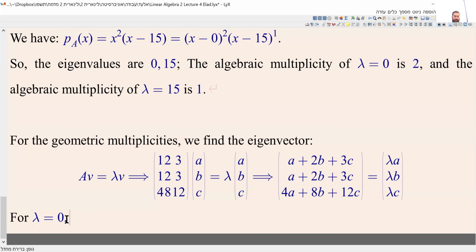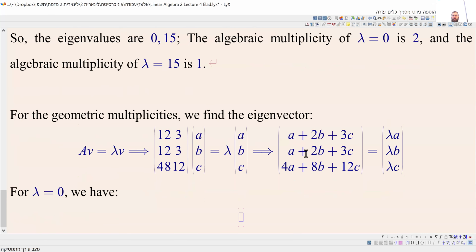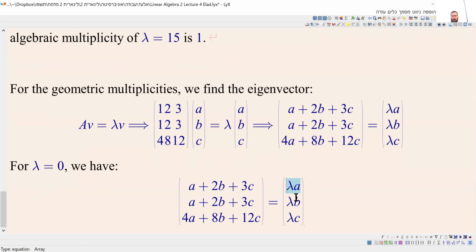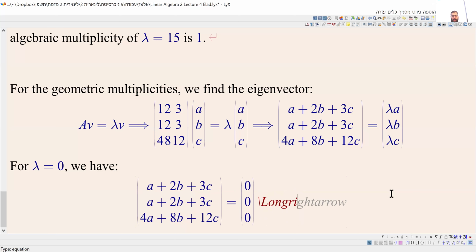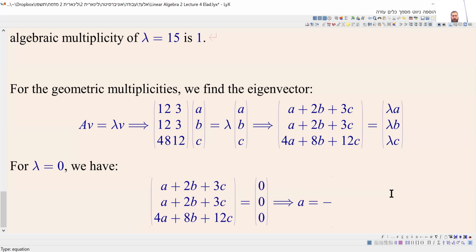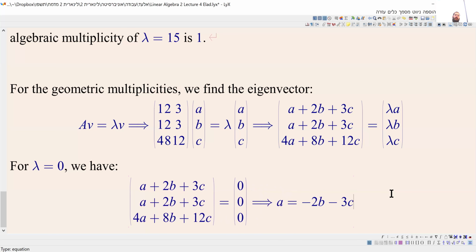We have A plus 2B plus 3C is just 0, 0, 0. And they are all actually the same equation. A plus 2B plus 3C is 0. One can write down that A is minus 2B minus 3C.